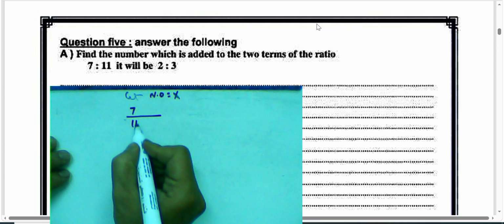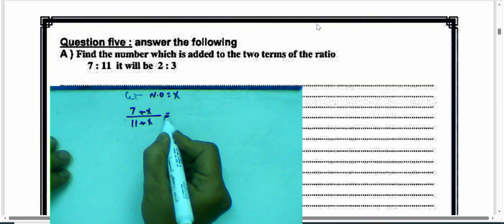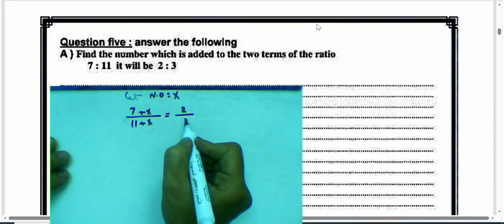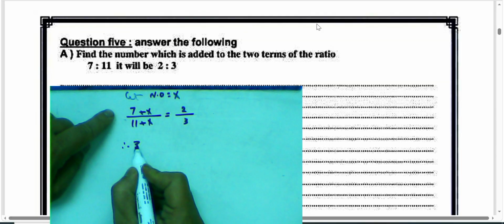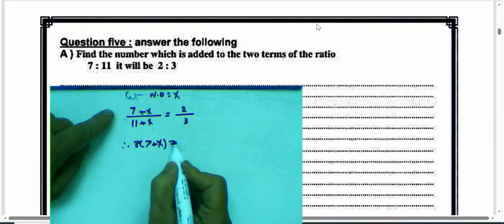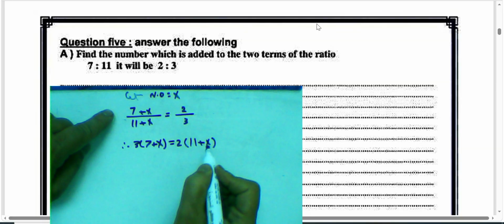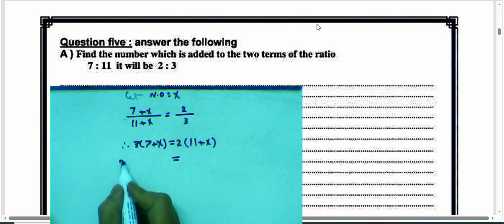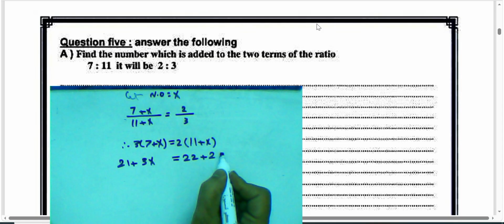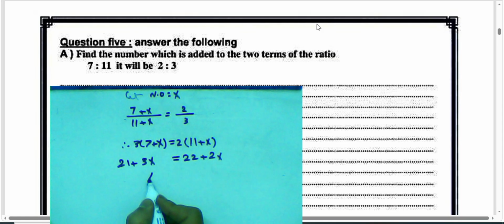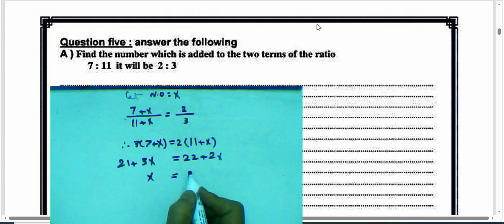We have 7 plus x over 11 plus x equal to 2 over 3, then the product of extremes equals the product of means. 3 times 7 plus x equals 2 times 11 plus x. 3 times 7 is 21 and 3 times x equals 3x. 2 times 11 is 22, 2 times x equals 2x. 3x minus 2x equals x, and 22 minus 21 equals 1. Then the number will be equal 1.